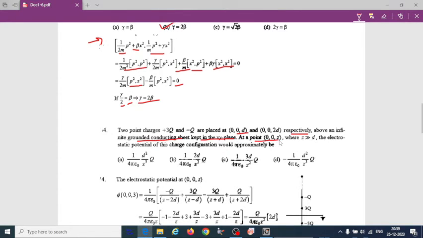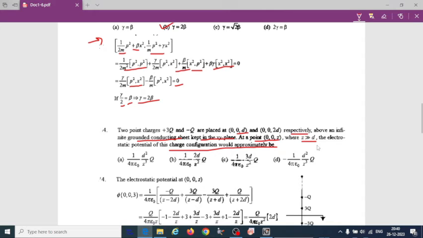So at point 0, 0, z, nothing but 3 dimension x y z, where z is going to be greater than d. The electrostatic potential of this charge configuration would approximately be.